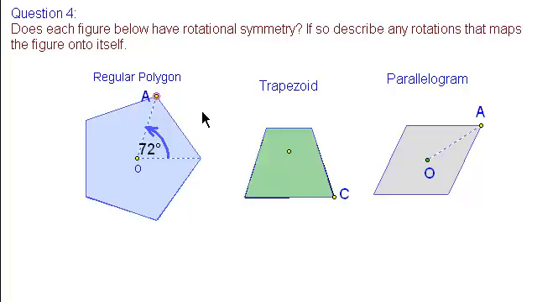So the least angle of rotation we found is 72 degrees. Can we find another one? Yes, if we continue rotating the pentagon counterclockwise, we see that the two pentagons are going to overlap once again when the angle is 144 degrees.